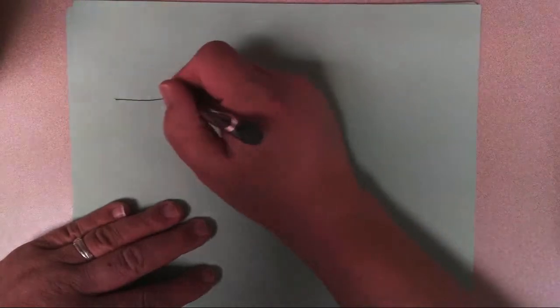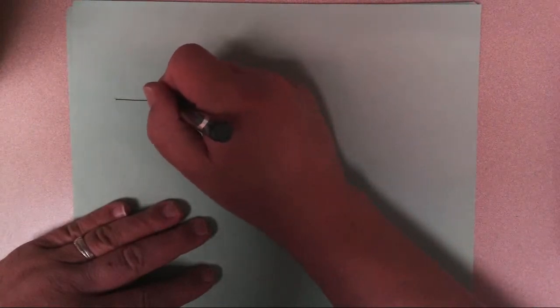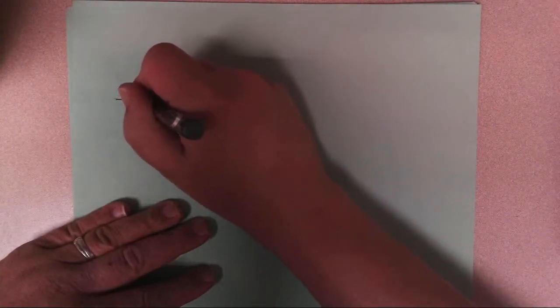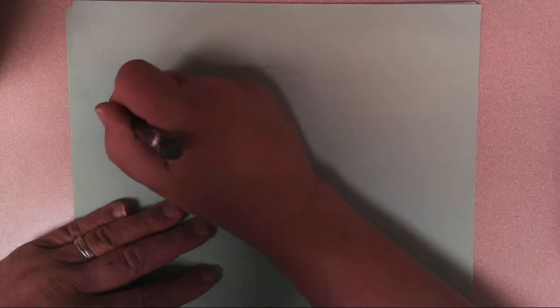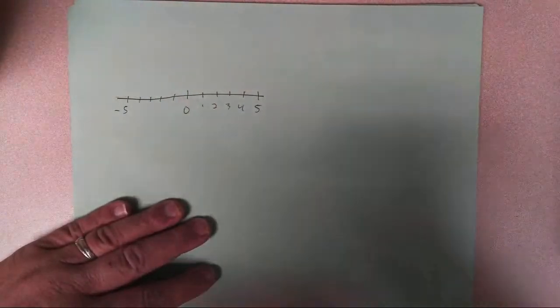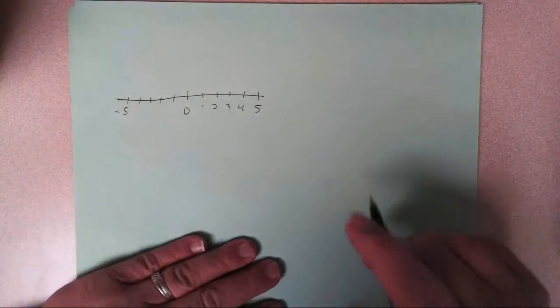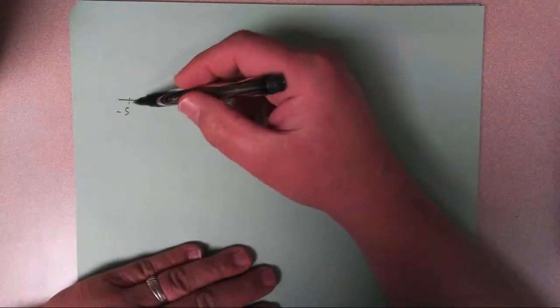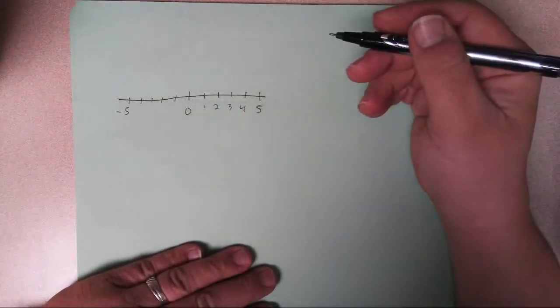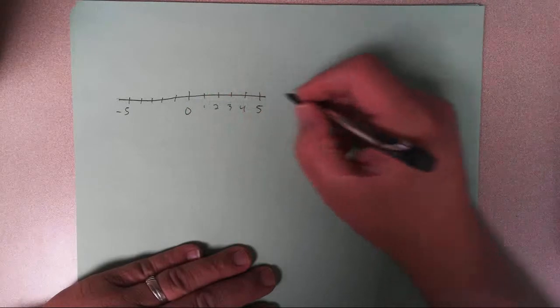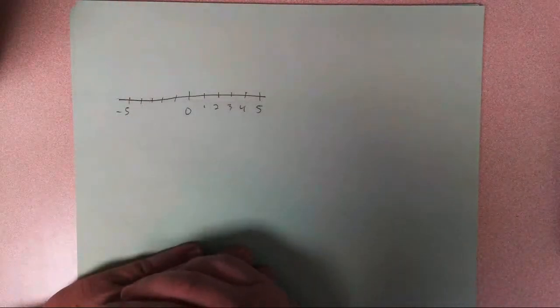And it just keeps going. And then negative numbers off to the left, and it keeps going to the left. And so with this, you can graph any single number. It would be somewhere along this line.